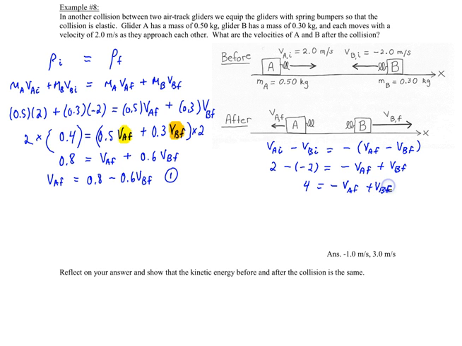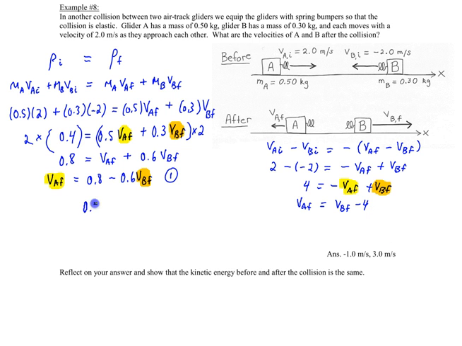And we should notice that we have two equations with two unknowns. And I'm just realizing I probably didn't need to multiply everything by 2 over here, because this was easier actually to put one variable by itself. But regardless of that, I'll write VA final equals VB final minus 4, and we'll equate these two equations.